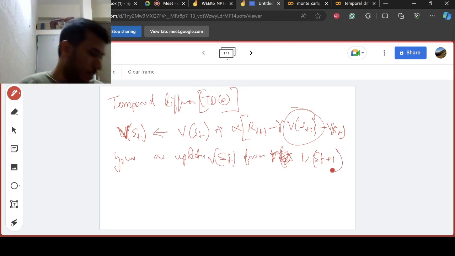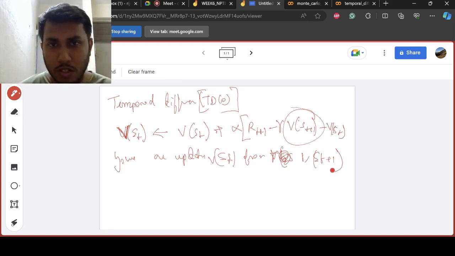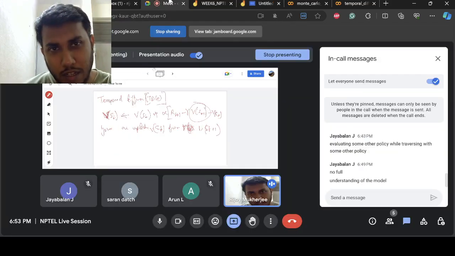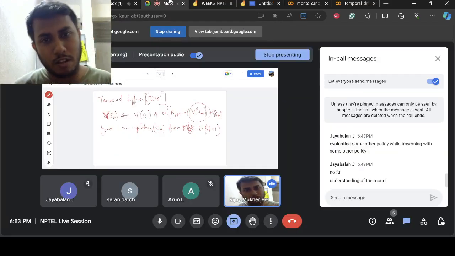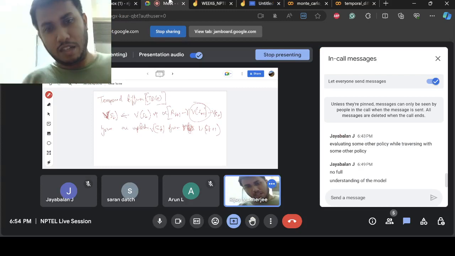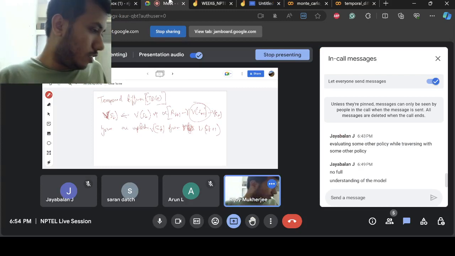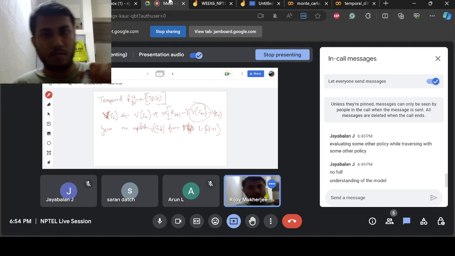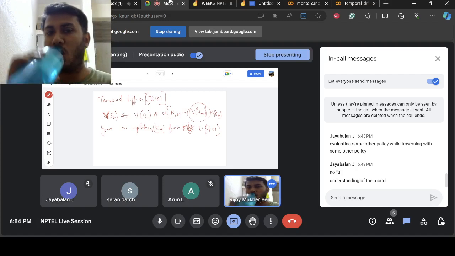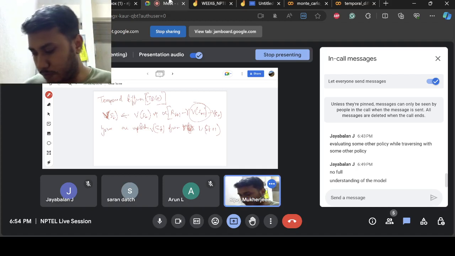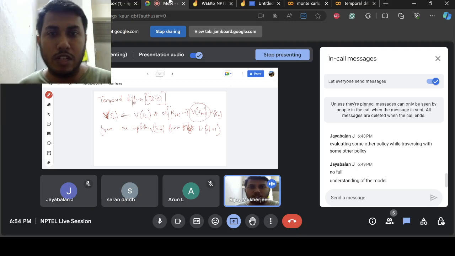Right, that's it, from your TD0. Else, if you have background knowledge, you can just find the argmax, because it is not much difficult. So right, this was your TD0.